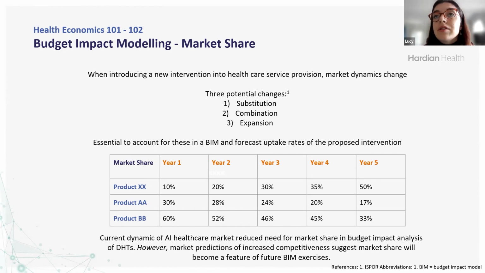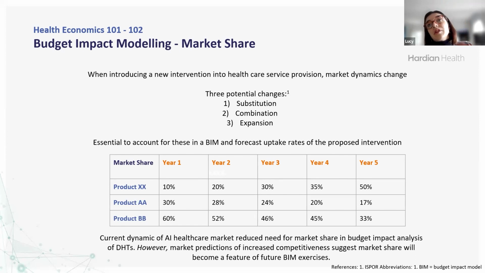And then the intervention may also have an expansive effect, where maybe it's addressing a patient population that is non-responsive to the available interventions, and therefore you're expanding the market as a result, because you're addressing the need of those patients.